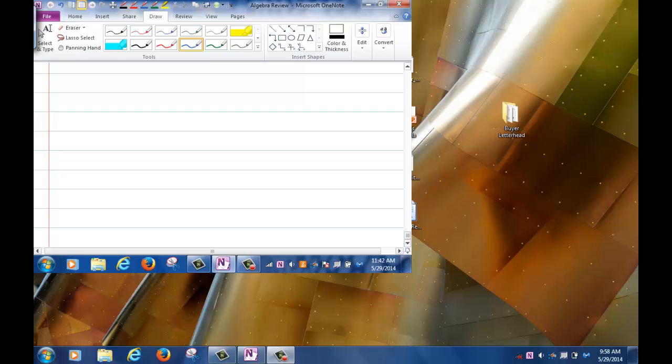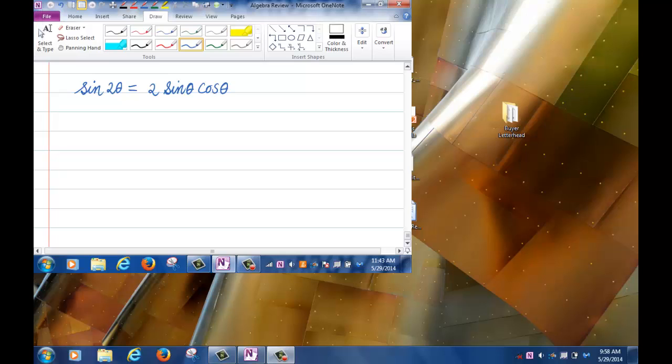Now we also need to know the double angle formulas. If I have sine of twice an angle, 2 theta, that's the same as 2 times sine theta cosine theta.